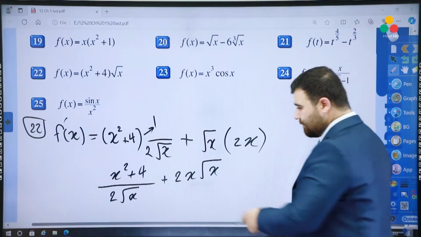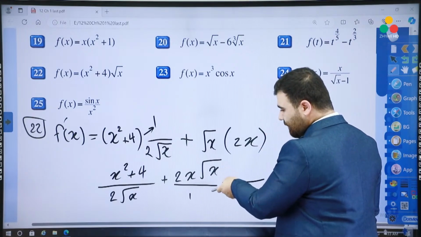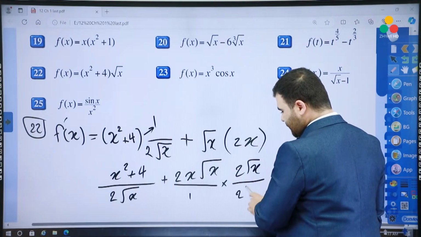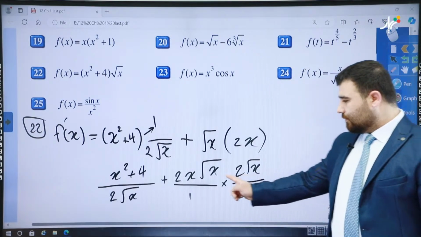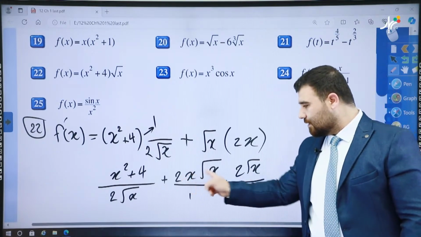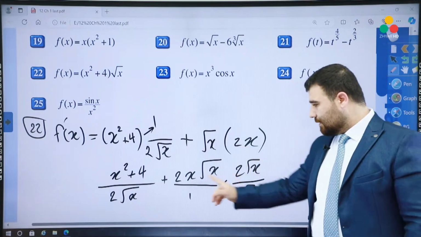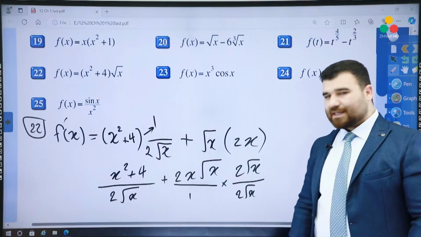The denominator of this part is 1. We multiply up and down by 2 square root x. Then when we multiply, 2 times 2 is 4. Between these three terms there is no plus or minus, so we multiply it once. 2 times 2 is 4. Square root x times square root x is just x.